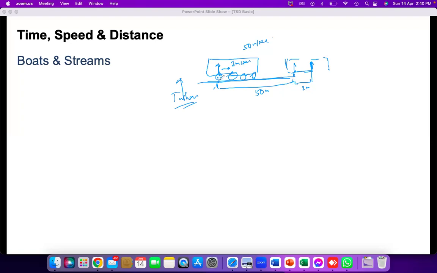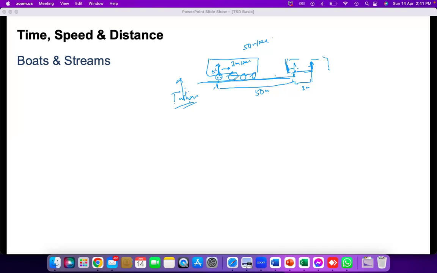Good. Now, the relative speed of this person with respect to Tushar, who is standing on the platform, is 52 meters per second, right? Now, take another case. Let's say this person is moving in this direction with the same speed, 2 meters per second. Then after 1 second, what will the situation be? Instead of going forward, he would be here, right? 2 meters this side.